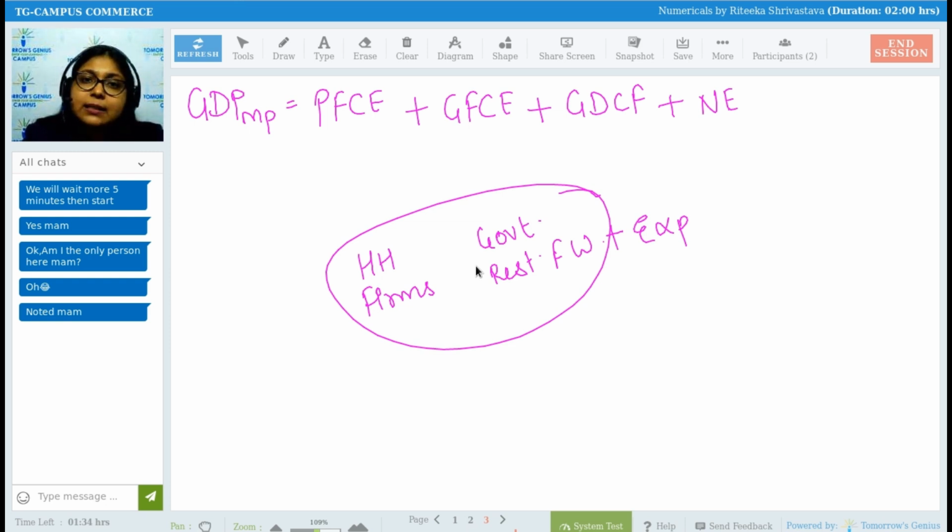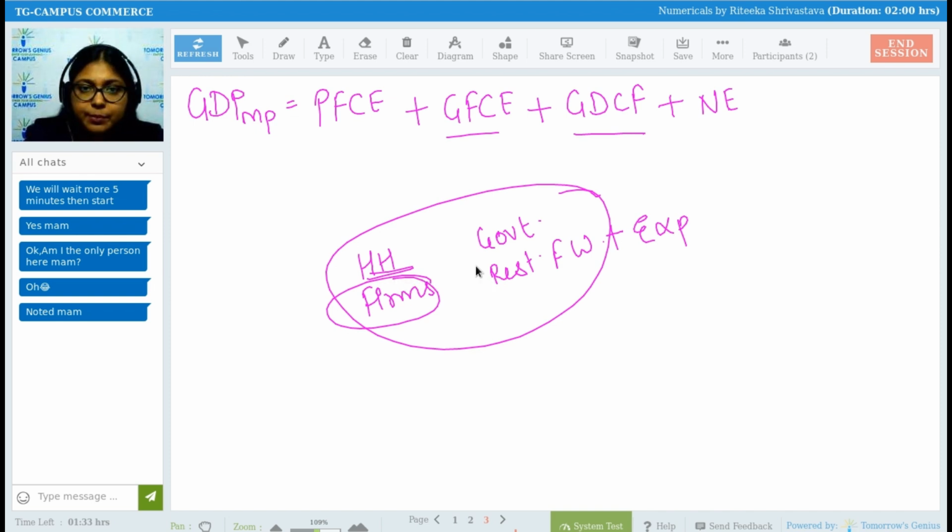So private final consumption expenditure means what? All the expenses taken out by the households. Government final consumption expenditure means what? All the expenses taken out by the government. Gross domestic capital formation means the capital formation when the private firms do investment.